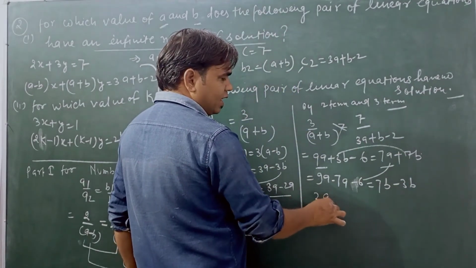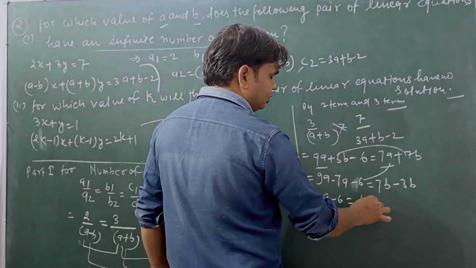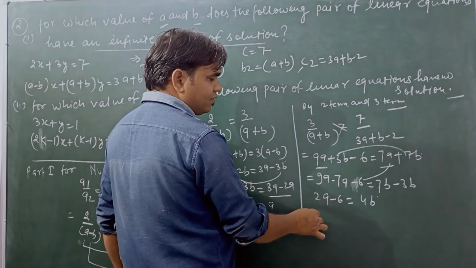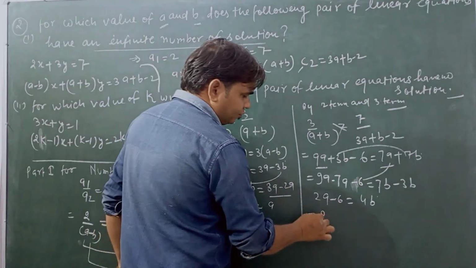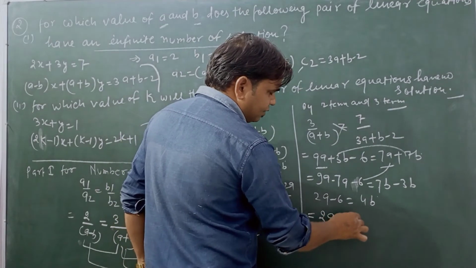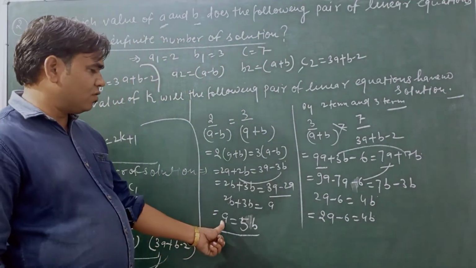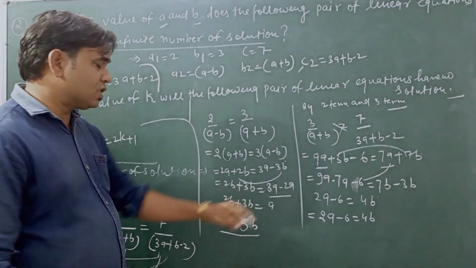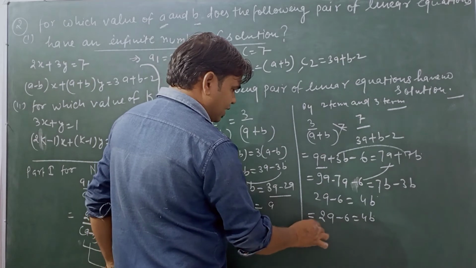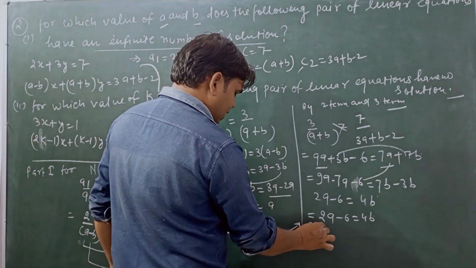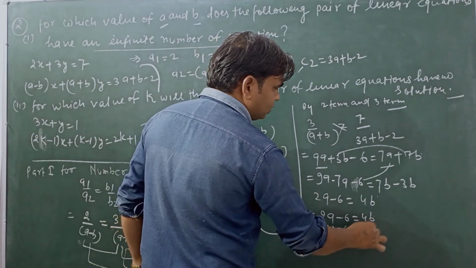So 2a minus 6 equal to 4b, and here we find the value of a. We put the value of a here, so 2 times 5b minus 6 equal to 4b.